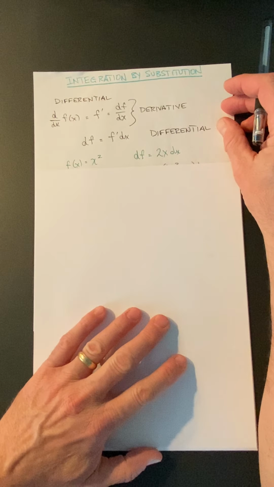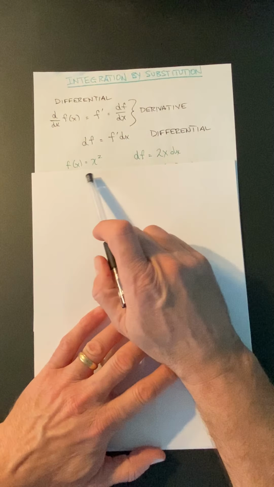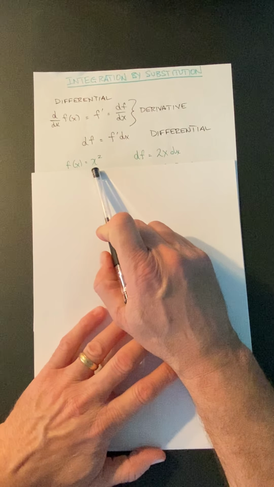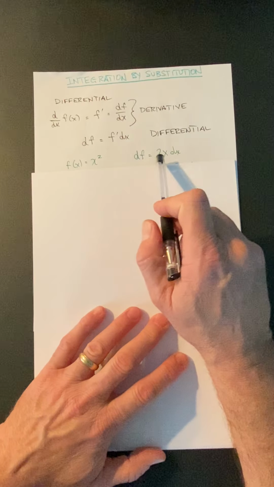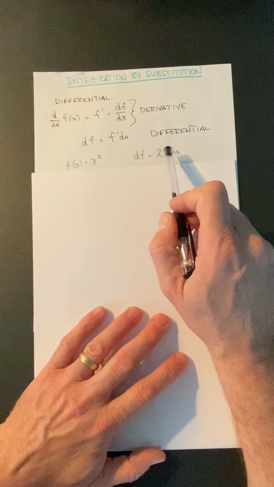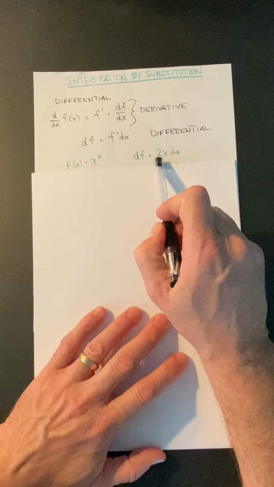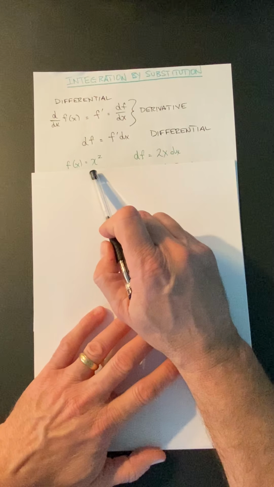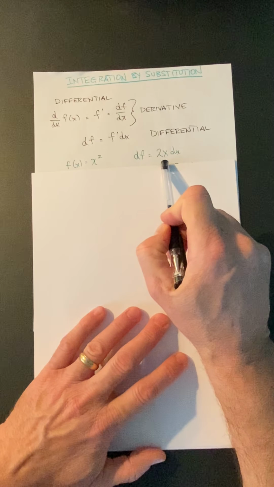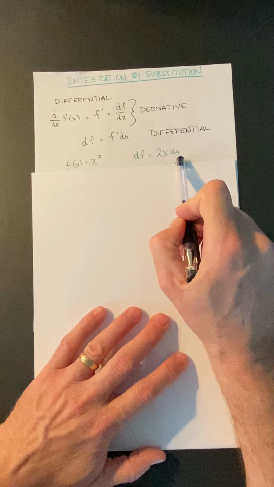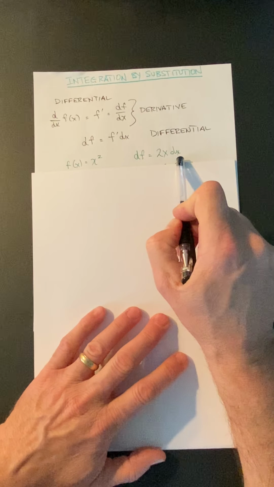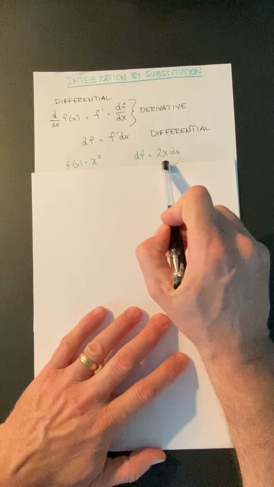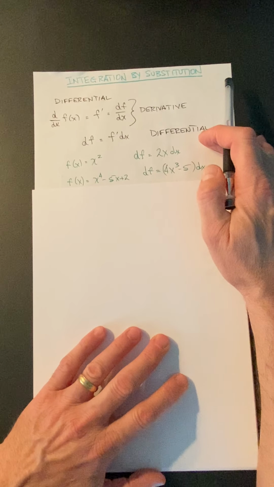So if I have a function f of x, and this one is x squared, the differential becomes df is equal to the derivative of the function. So my function is x squared, my derivative is 2x times dx, okay? So I'm strictly looking at the function to take the derivative.